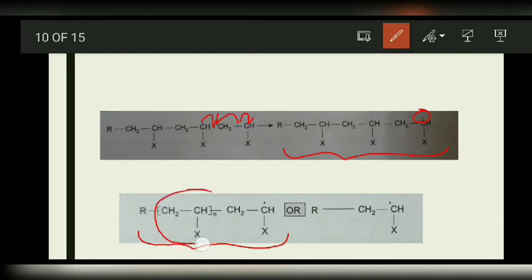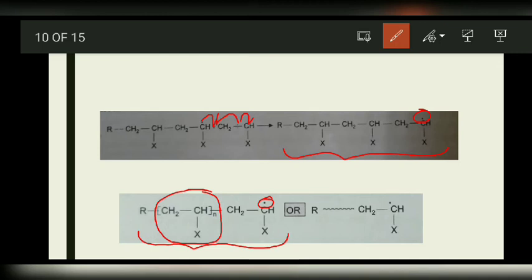So here, look, this is the monomer unit. N monomers combine to form this long chain polymer, and you can also represent it like this. Here we represented n monomer units with a wavy line. So this still has the active site on it, right, that is, the radical site, there is an unpaired electron.